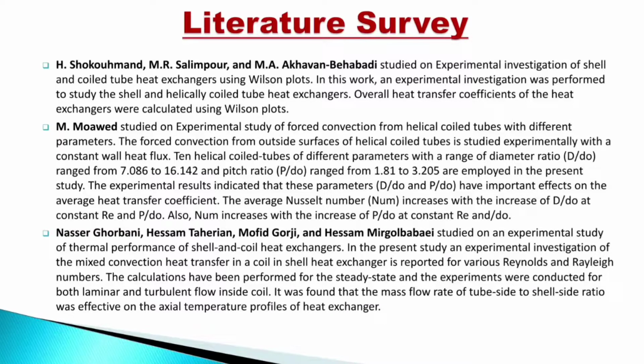In the present study, experimental investigation of mixed convection heat transfer in a coil and shell heat exchanger is reported for various Reynolds and Rayleigh numbers, and it was found that the ratio of mass flow rate of tube side to shell side was effective on the axial temperature profile of the heat exchanger.